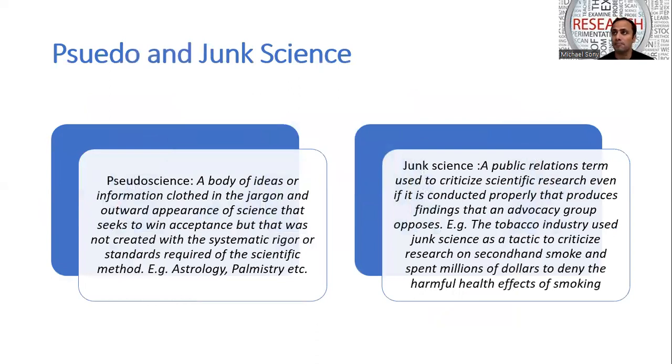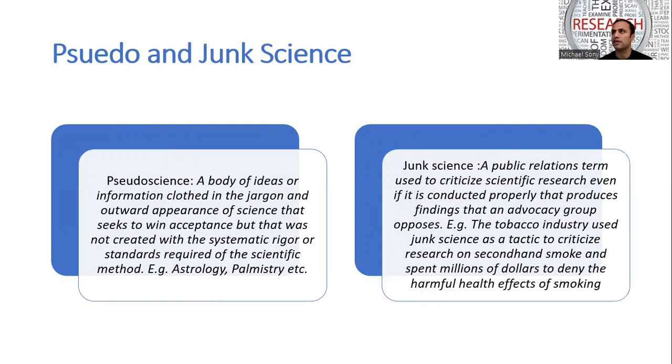However, when you compare a scientific approach with pseudo and junk sciences, a pseudoscience is a body of ideas or information clothed in the jargon of science, so that if you look at it from an outward perspective, it looks like a scientific piece of work.